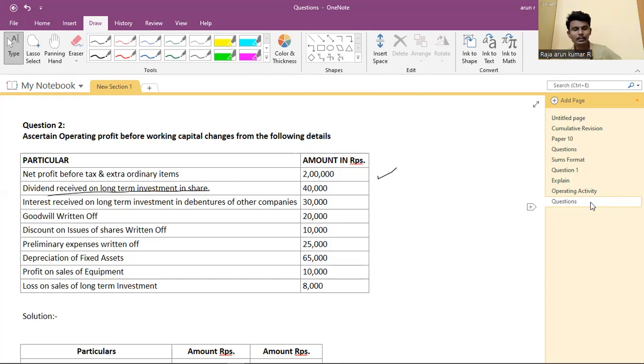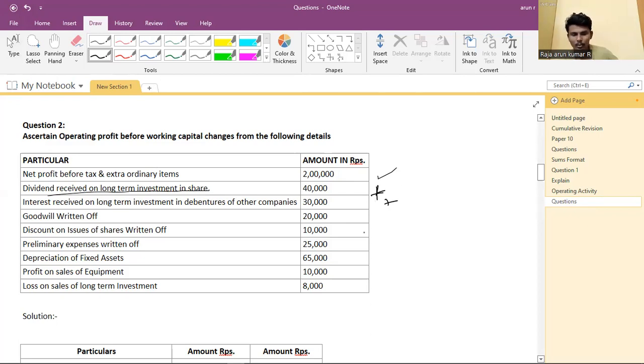Dividend received is an income. Interest received, again income.